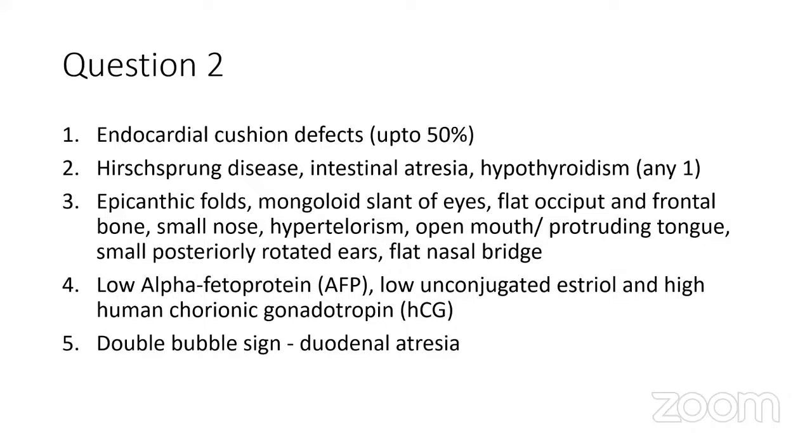Note that alpha fetoprotein, which is also used in screening for neural tube defects and open abdominal wall defects like gastroschisis and omphalocele, can be used as a marker of some other anomalies, and AFP is elevated in conditions like neural tube defects or open abdominal wall defects, whereas it is decreased in trisomy 21.